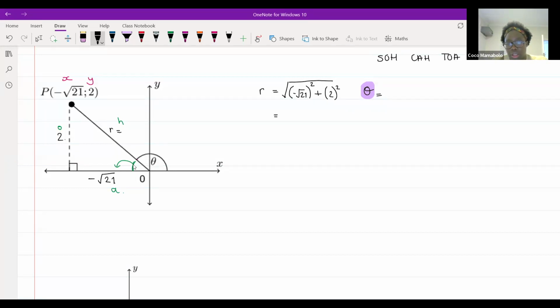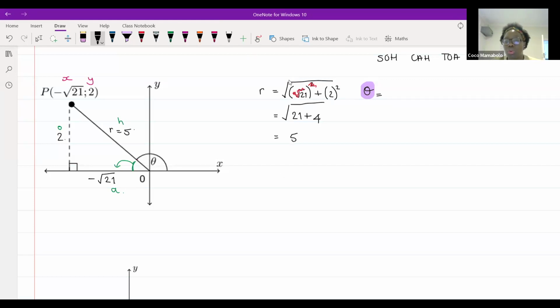Inside here, the root and the 2 will cancel and the negative will become positive. So I'm going to get 21 plus 2 squared, which is 4. 21 plus 4 is 25, and the square root of 25 is 5. Good. So our radius is 5, which is great.